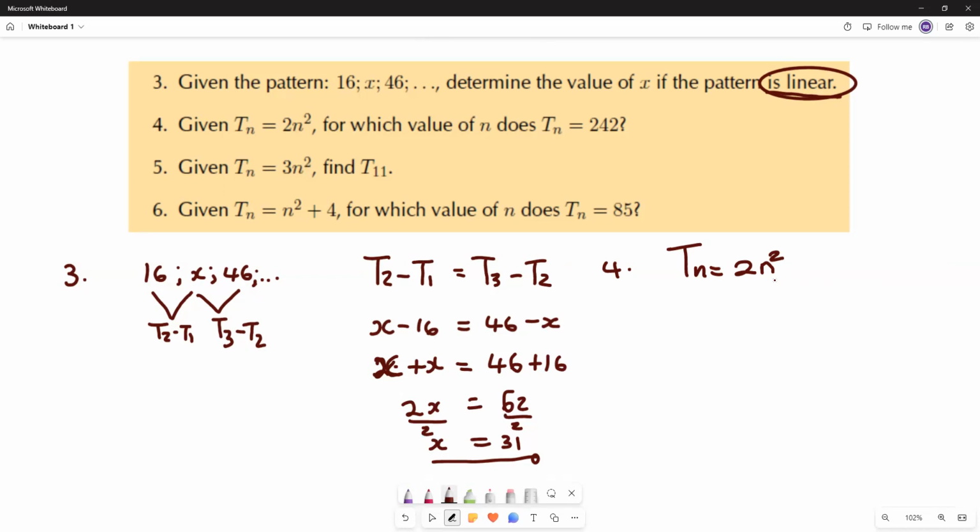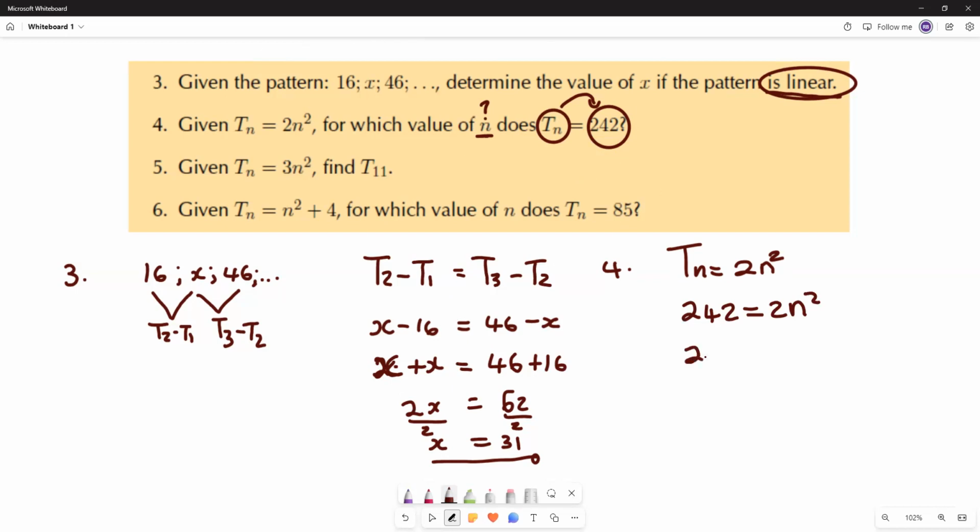Awesome. So now they ask for which values of n, so they want us to solve for n, right? Which means they must give us the Tn. So they say Tn equals 242, which means here I can replace the Tn with 242. Okay, let's do it. 242 equals 2n squared.